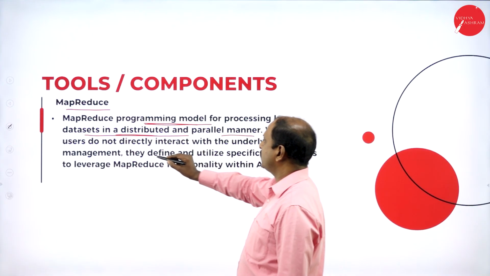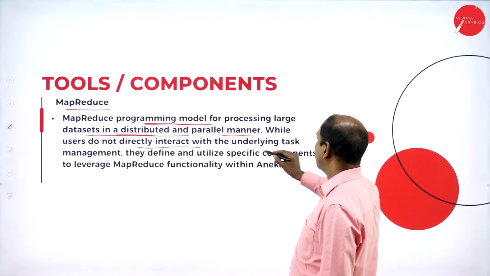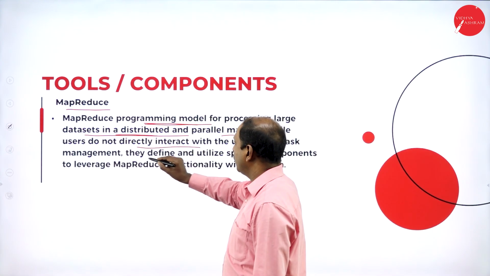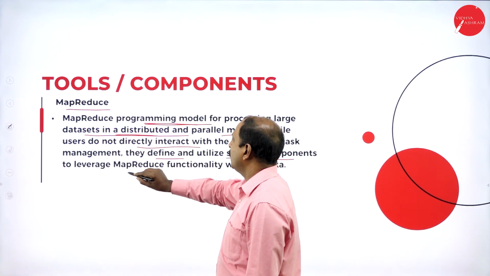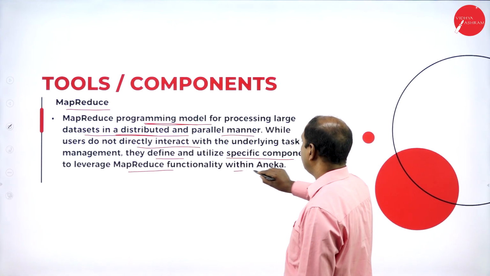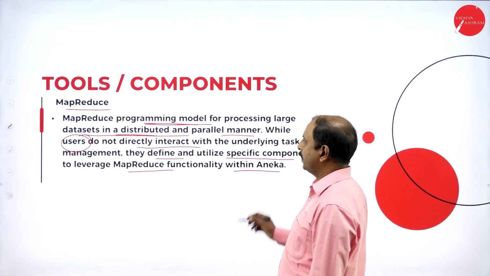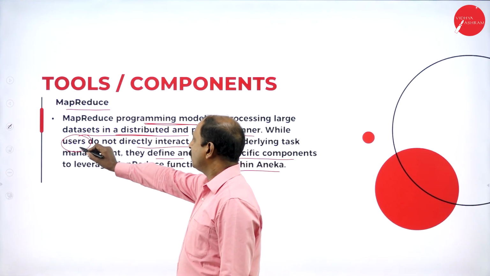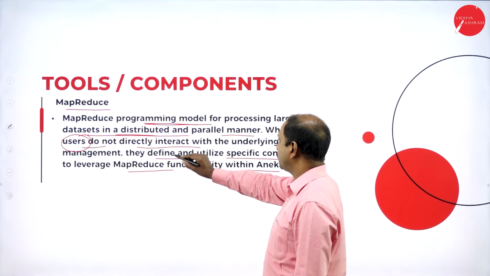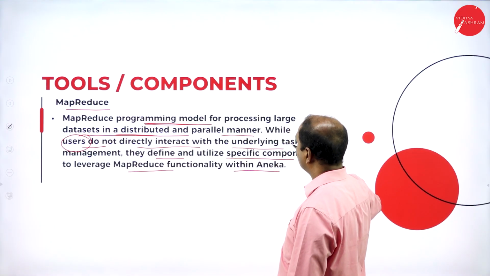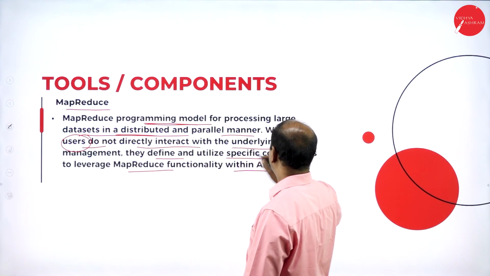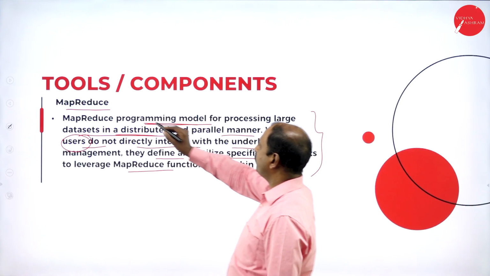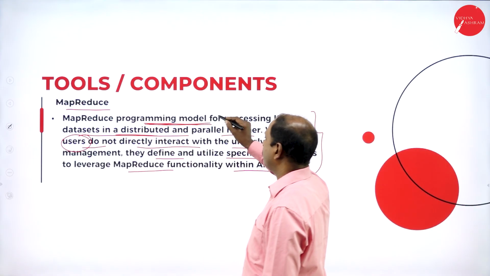While users do not directly interact with the underlying task management, they define and use specific components to leverage MapReduce functionality within Aneka. The users do not directly interact with the underlying infrastructure or management. It has to be done through MapReduce, which is a programming model.